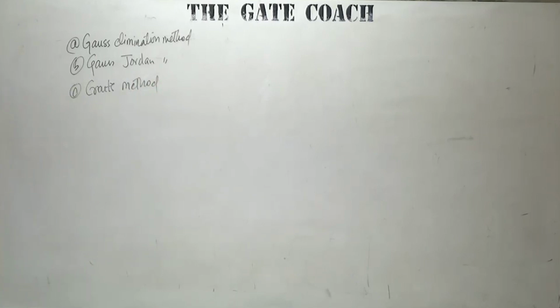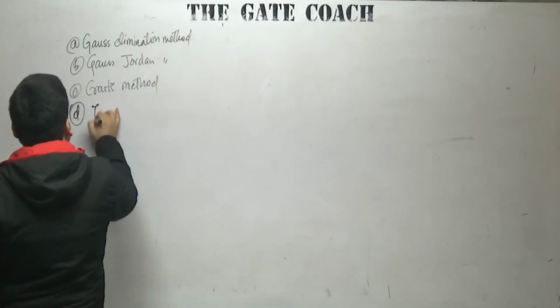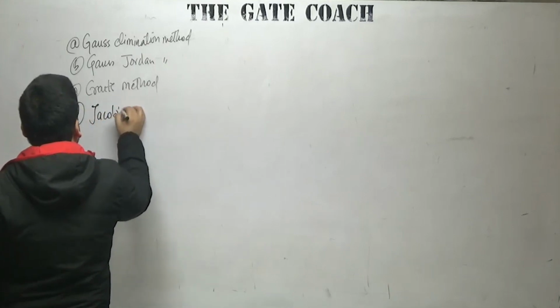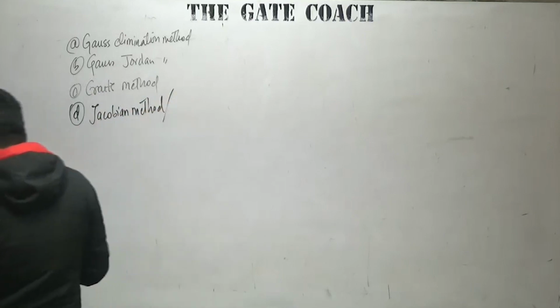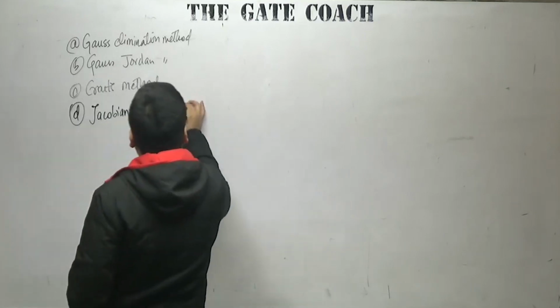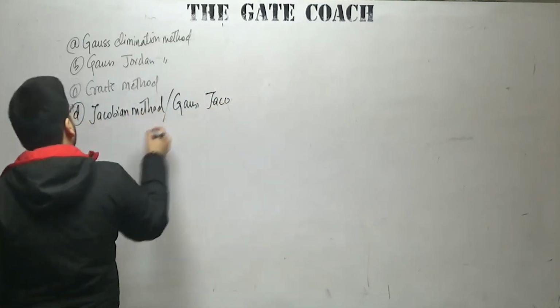After this, we have the Jacobian method, which is also called the Gauss-Jacobi method.